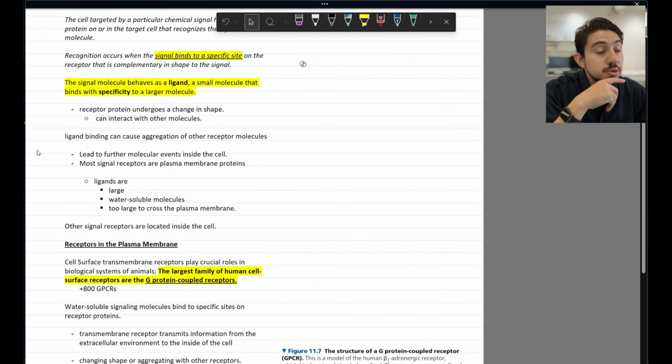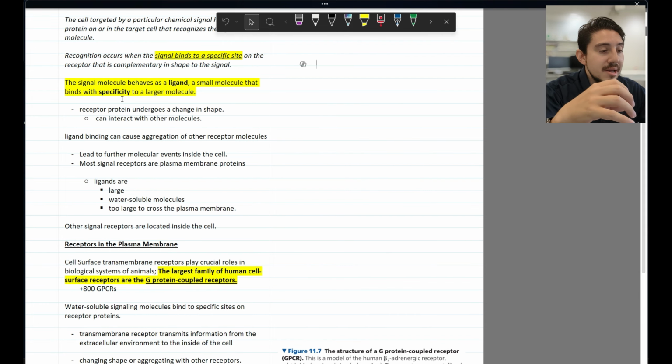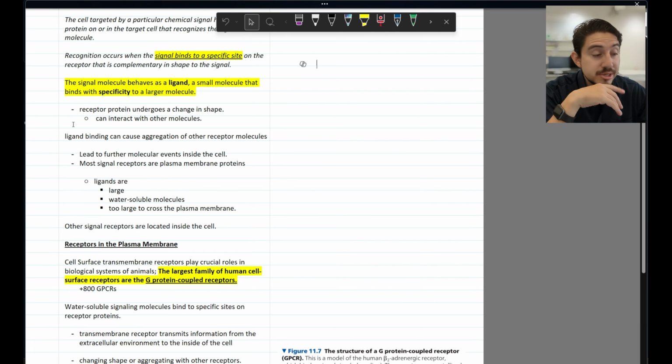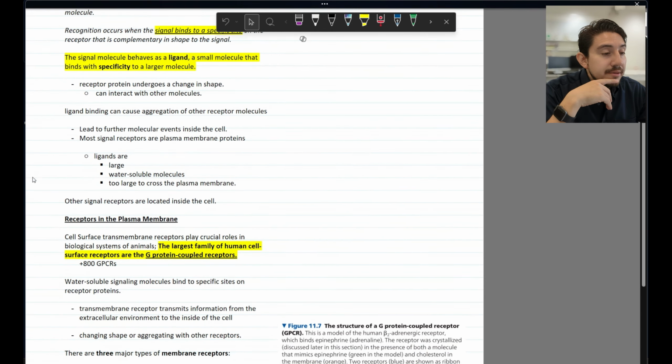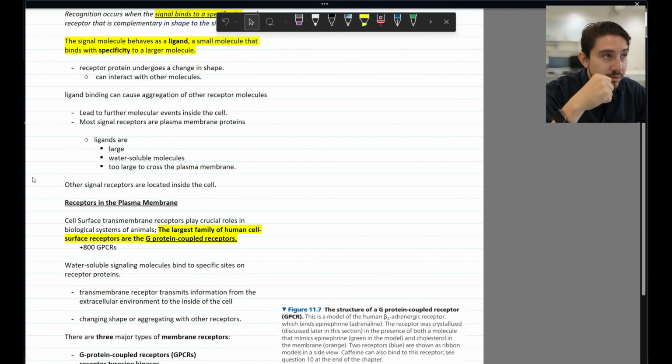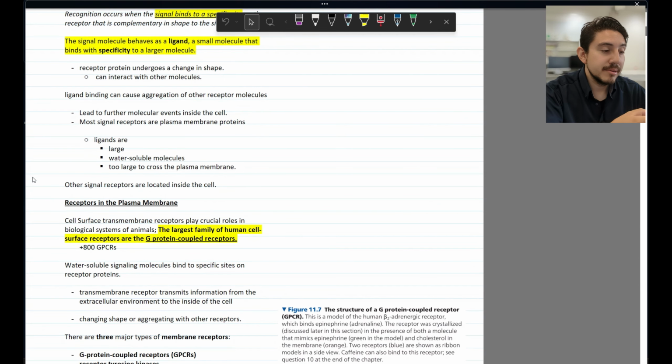Just to review what a ligand is: a ligand is any signaling molecule that could bind to a larger molecule. Moreover, a receptor, receptor proteins. When these receptor proteins bind to a ligand, they themselves will change shape.